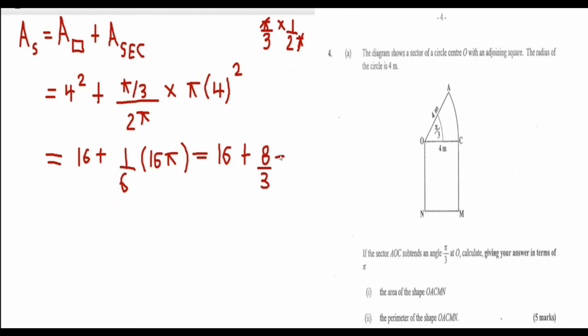That's how some people might want to see it. All right, 16 plus 8 over 3 pi units squared. Some persons might want to see it this way.